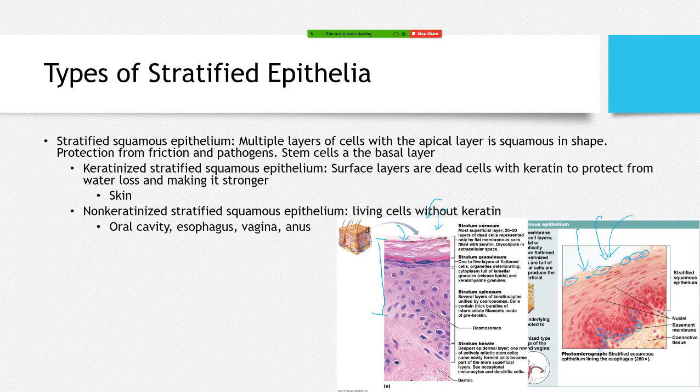For the vagina, it's for sexual intercourse, right? To have that barrier protection against abrasions, and not only through sexual intercourse, but also for childbirth. And for the anus, you may not know, but as we're digesting things in the body, we're absorbing a lot of water back into our body.